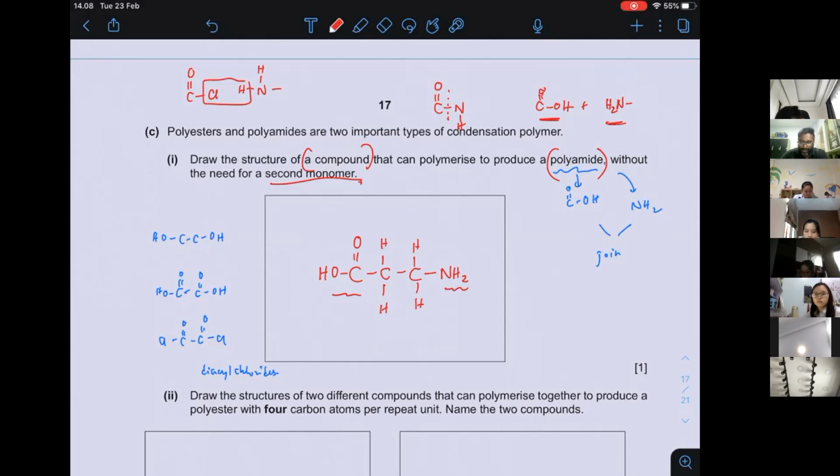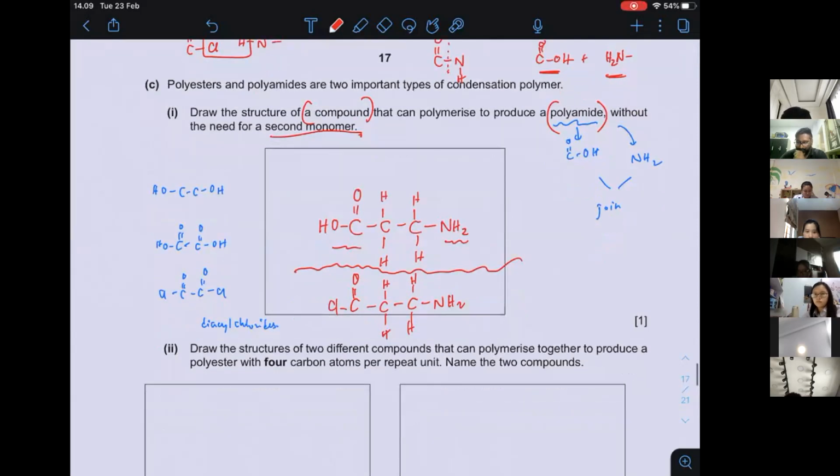So another molecule that you can draw is maybe like this, C double bond O, Cl, CH, C, NH2. That is also possible. Please choose which one you want. You can either use the one that involves the carboxylic acid and NH2, or the one that has the acyl chloride and NH2. It's possible.